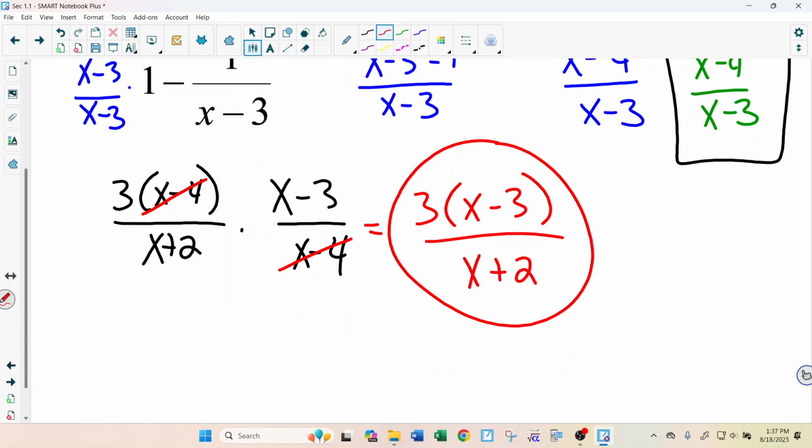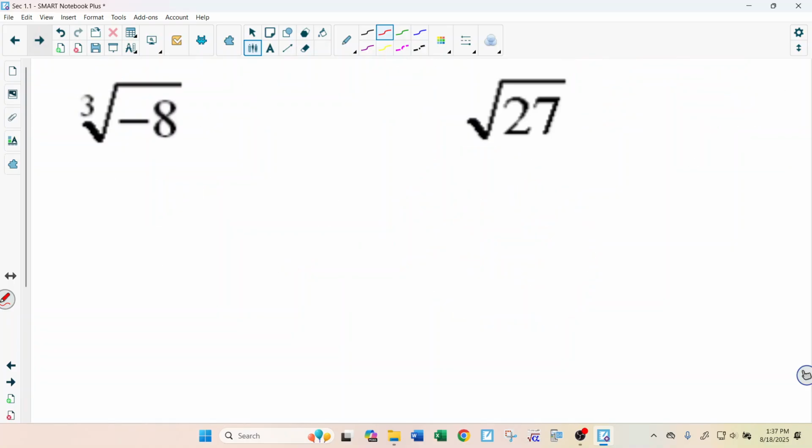So let's next talk about some radicals. Remember, when we have a radical, we can have something like the cube root of -8, which would be -2. You're looking at a number multiplied by itself. And something like the square root of 27, that is not a perfect square. So we want to think, what perfect square goes into 27?